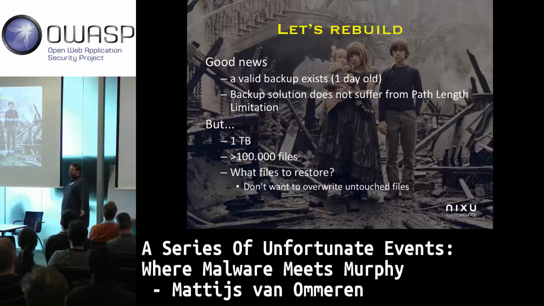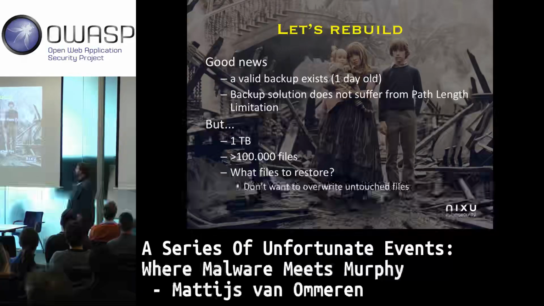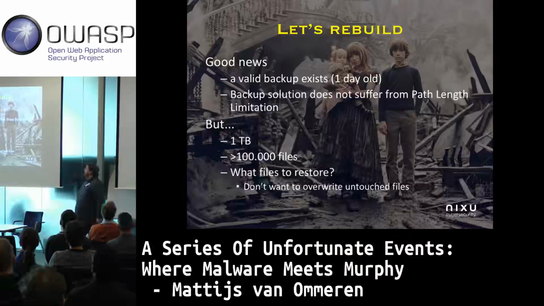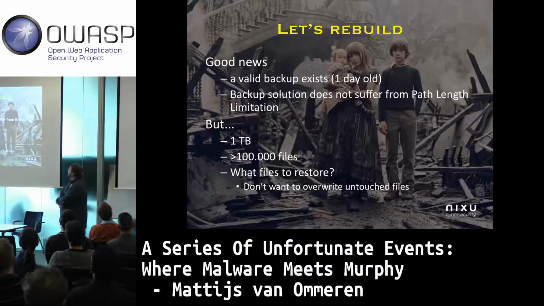So ransomware usually encrypts your Word documents, your Excel files, your family photos, etc. In this case, we are talking about the file share, so the department file share. So other people are relying on that as well. So yeah, people are very stressed out. And the good news, there was a backup, and it was 1 day old. Okay, it was a full backup with 1 terabyte of data, more than 100,000 files.